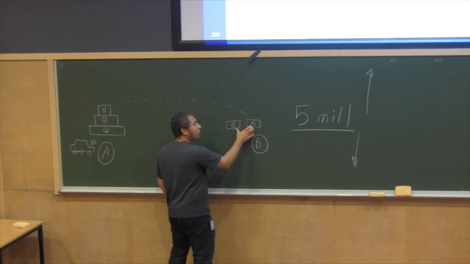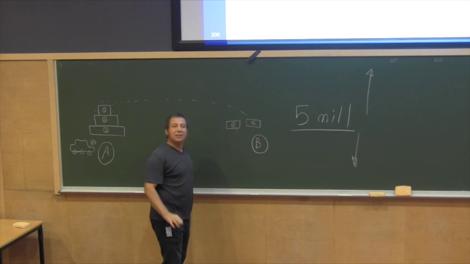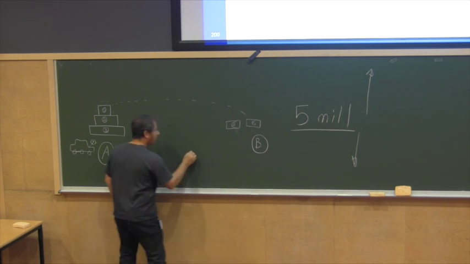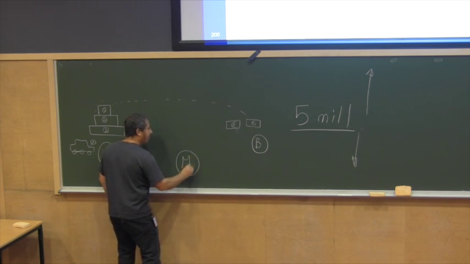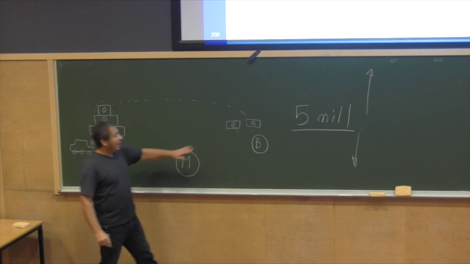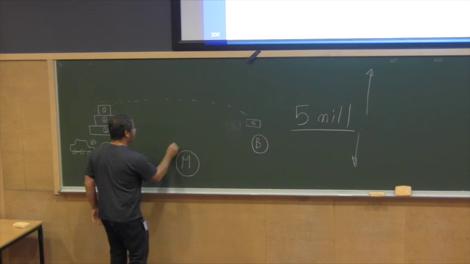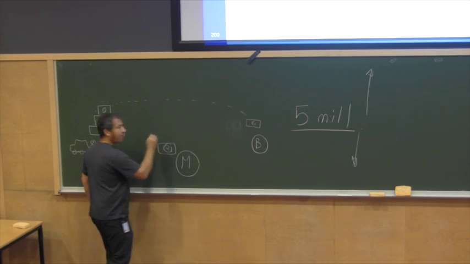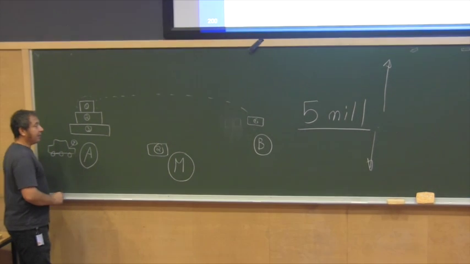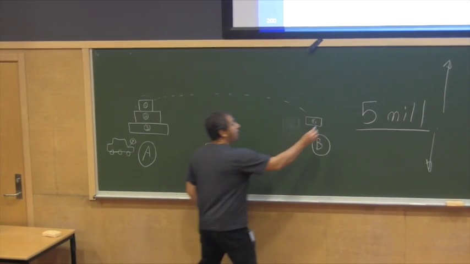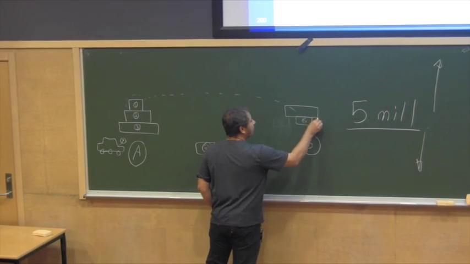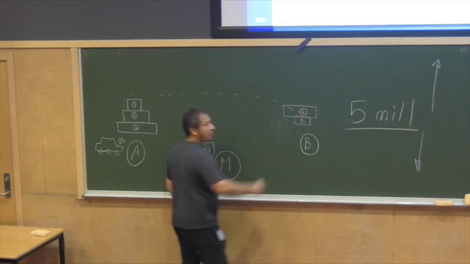You can't have 2 blocks at the same station. Therefore, we have another station M, where you can put your 2 here, for instance. The third rule says that you cannot put a bigger block over a smaller block.